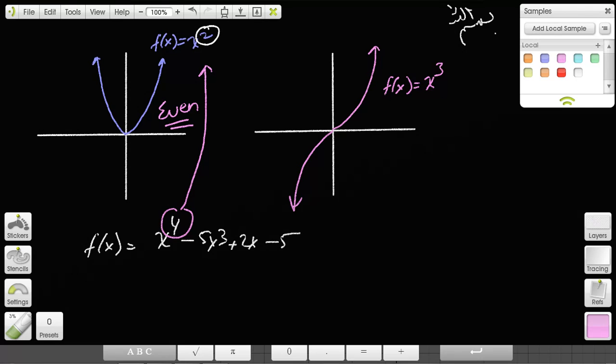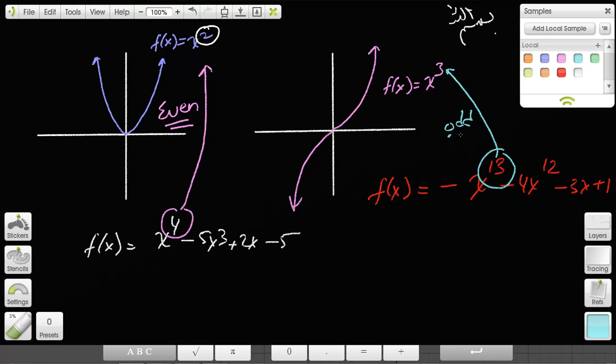And any polynomial function that is odd degree, for example, negative x to the 13th minus 4x to the 12th minus 3x plus 1, is going to behave like this. Easy enough. So the end behavior of this function is going to mirror the end behavior of this. But one caveat.